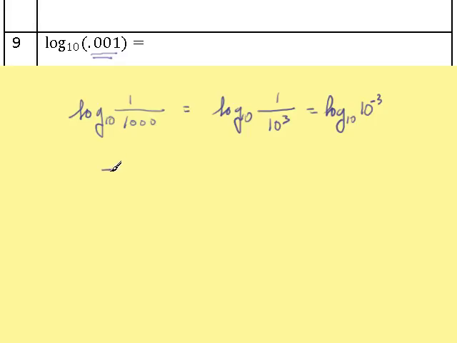Okay, so this is equal to, sorry, not 10 to the minus 3, but minus 3. Just minus 3. Again, let me emphasize, since log base 10 and the exponential function base 10 are inverses, in general, log base 10, 10 to the x is equal to x.